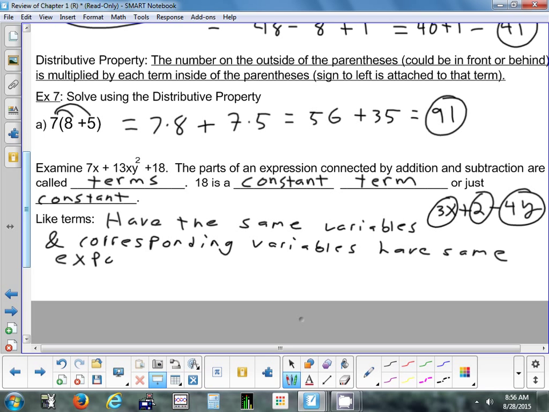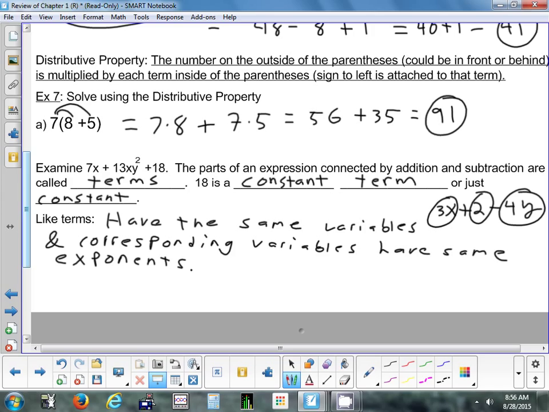Who can give me an example of a like term? Somebody just give me a term, and then I'll ask somebody else to give me a like term that goes with it. How about Alex? Give me a term.